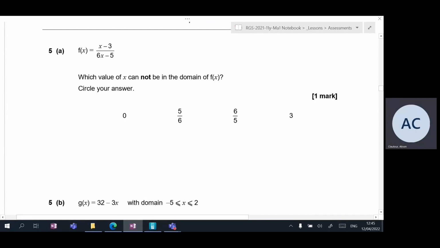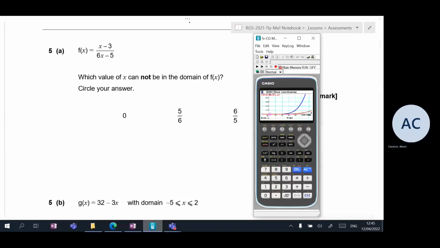Right, question 5. So it gives us a function. Which value of x cannot be in the domain of fx? Circle your answer. Okay, so if we were going to work out the domain, obviously we'd draw a graph and think about where the asymptotes would be. So this is a relatively complicated graph, not something you would just automatically think of in your head.